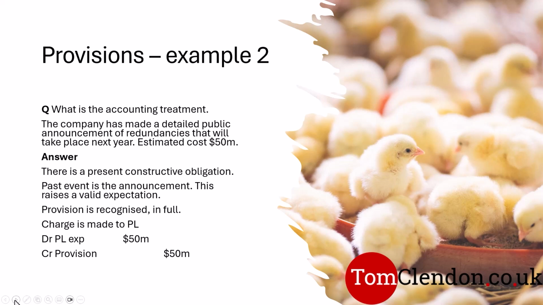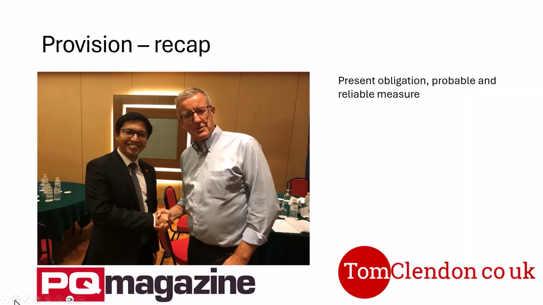This is a back to basics video. I am making it simple. I am making sure you understand the key definition and how it is applied. If it wasn't probable, but it was only possible, you wouldn't be recognizing it. You would be making a disclosure in the notes only.